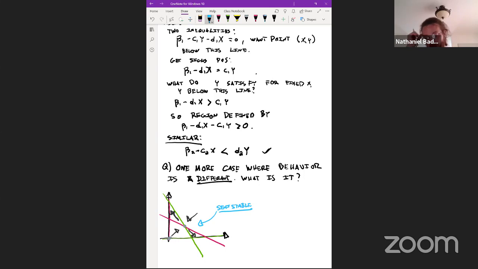Semi-stable node. And in particular, what this means is that probably one of the populations dies off, but it's really unclear which one. The population that dies off is going to depend heavily on the initial conditions.